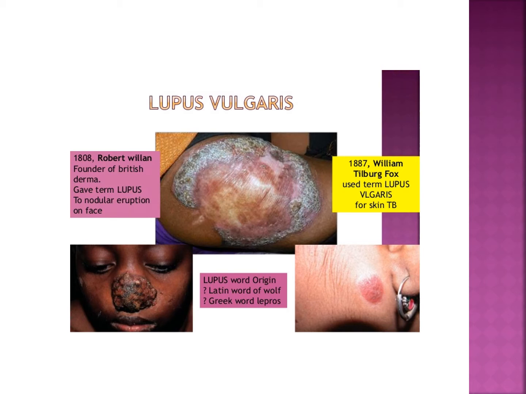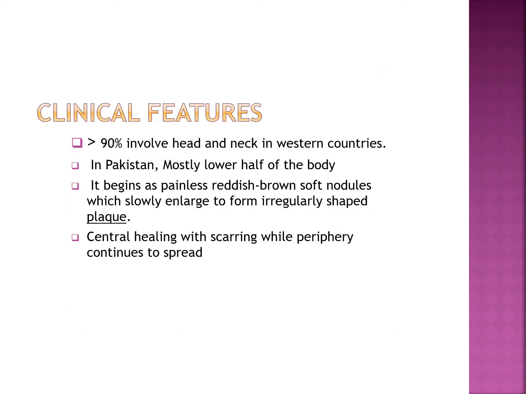In these lesions, the important thing you should notice is that there is central atrophy of skin, this is scar-like tissue, and it is surrounded by a thick border, which is a hyperkeratotic border. So any lesion of long duration, or a chronic lesion with central atrophy, we should suspect lupus vulgaris, and we should investigate accordingly.